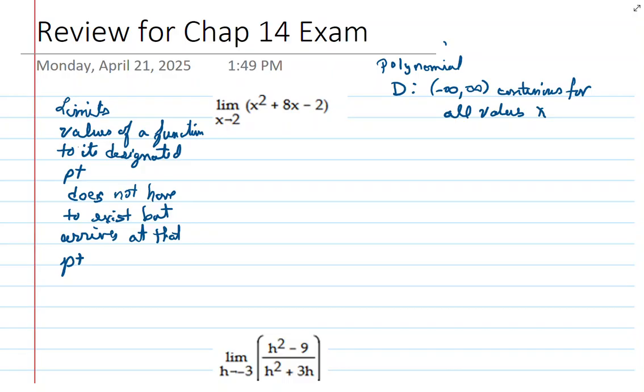So therefore, if we want the limit as this function reaches 2, then we substitute 2 for that value. So we would have 2 squared plus 8 times 2 minus 2. 4, 16 minus 2. Our limit is 18.